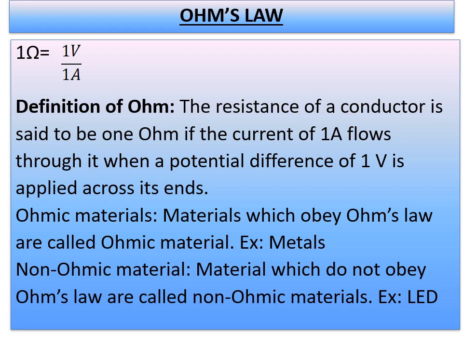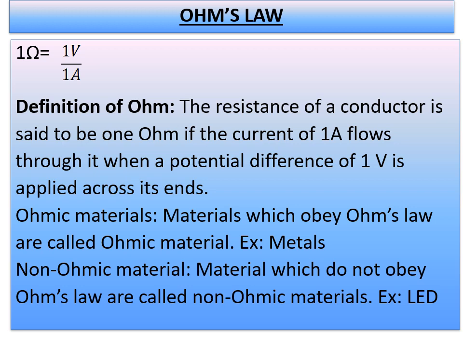So what are ohmic materials? Already I have discussed ohmic devices and non-ohmic devices. Here the ohmic device we have taken is Manganin coil and the non-ohmic device we have taken is LED. Ohmic materials are materials which obey Ohm's law. When you plot a graph, we find a straight line passing through the origin.